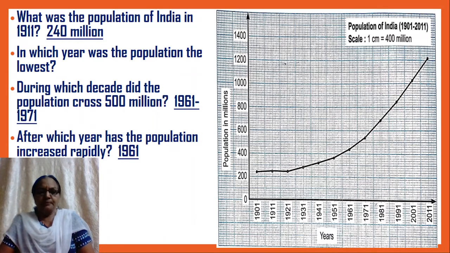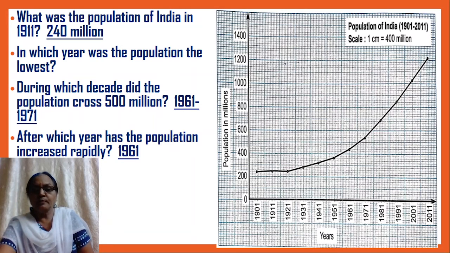The third one, during which decade did the population cross 500 million? Now find out where 500 million is. This is 400, this is 600. So in between we have 500. Take it up, see where it crosses your line graph.